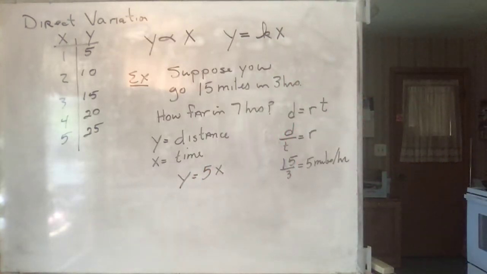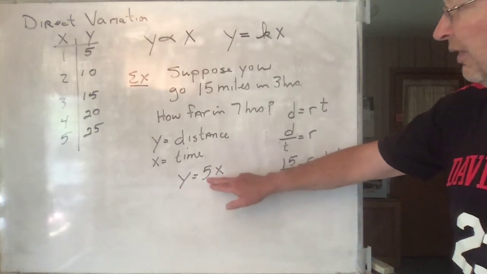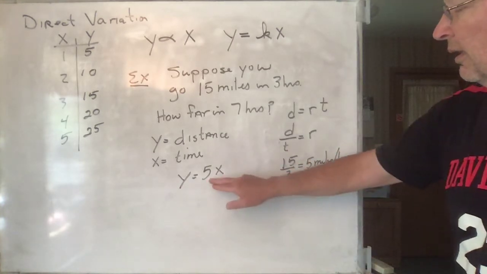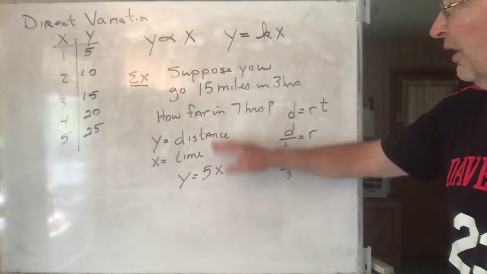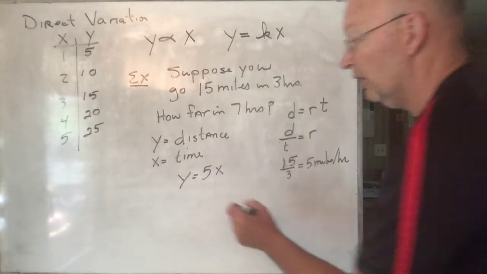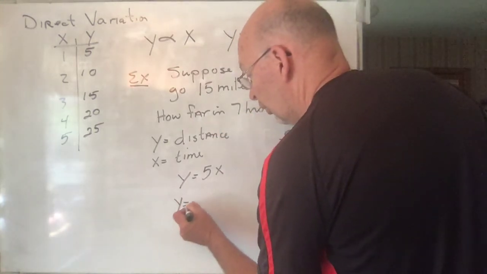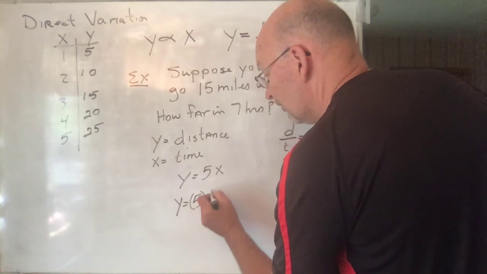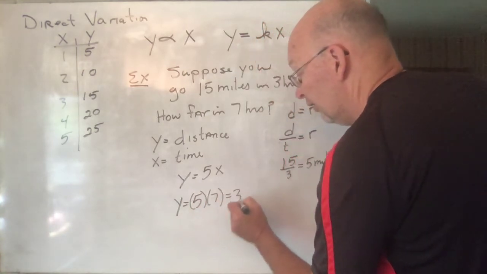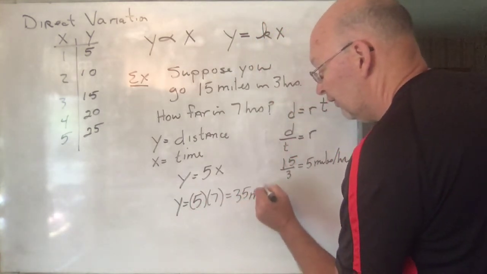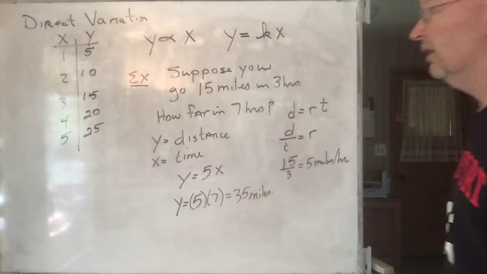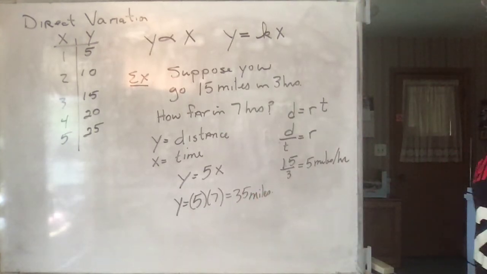So there's your relationship. And so now that you've got this 5 discovered, you can use it for anything. So how far in 7 hours? Well, in 7 hours, you go what? 5 miles an hour times 7 hours would be 35 miles. See, so there's a simple example of a proportion.